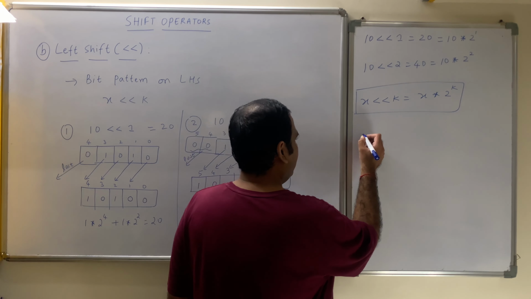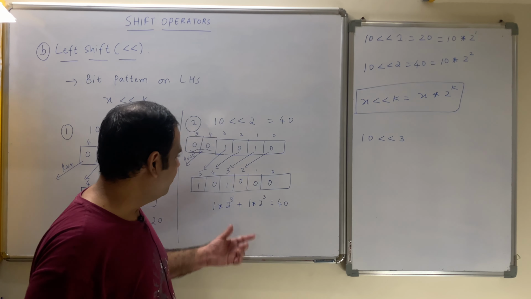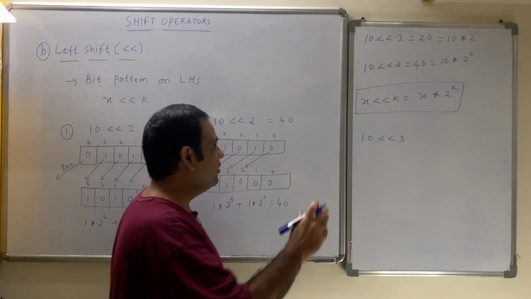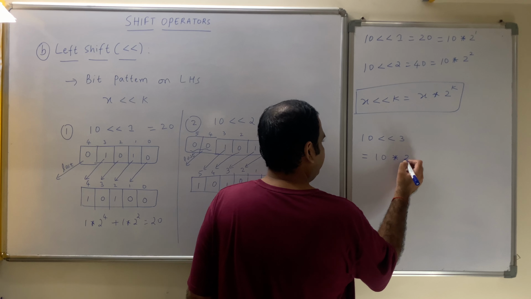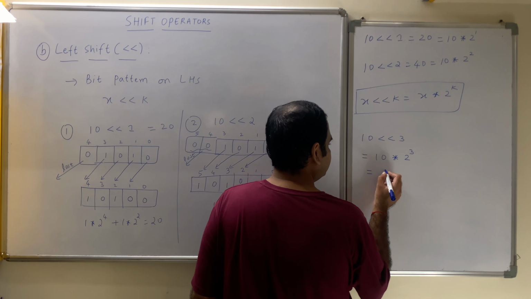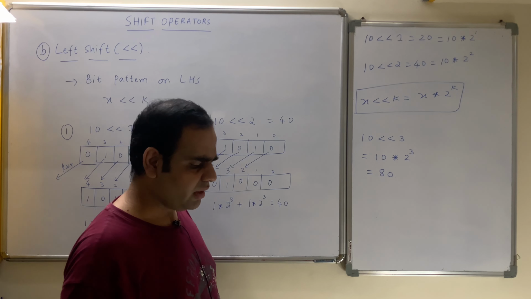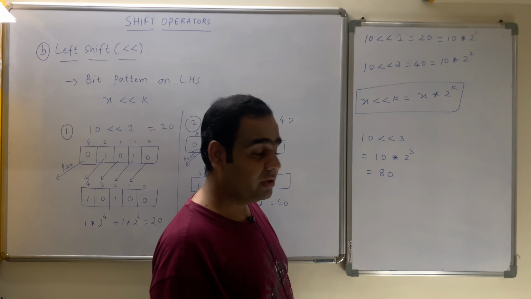Therefore, if we want 10 left shift 3, are we going to write the bit pattern and compute it? There is no need. We can simply apply the formula. This is equal to 10 into 2 to the power 3, which is equal to 80. So I hope that you have understood this.